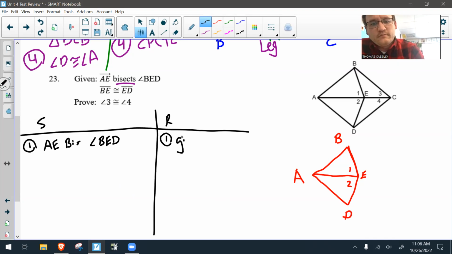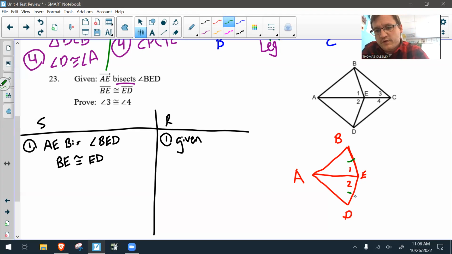That's given. Now from here, we also know BE is congruent to ED. All of that is given. So now let's just try to establish what that means. BE is congruent to ED.